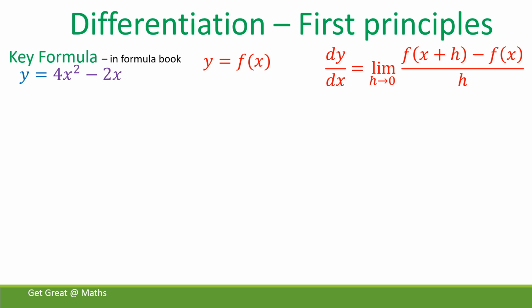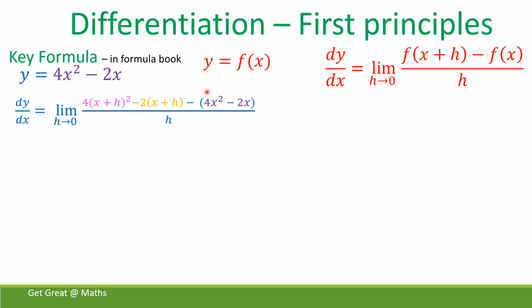So if y is equal to 4x squared minus 2x, my function f of x is 4x squared minus 2x. When I put f of x plus h, all I've got to do is replace all the x's in this expression with x plus h. So this x here after a 2 becomes x plus h.